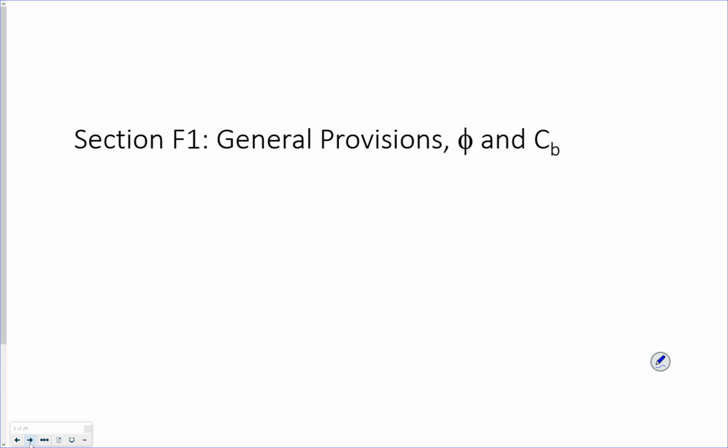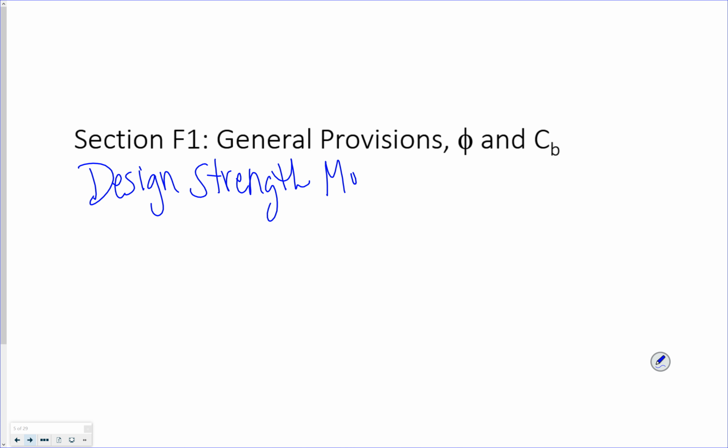Your design strength. Moment is phi times your nominal moment capacity. Mn is your nominal moment capacity. Multiply it by a phi factor, phi b for bending.